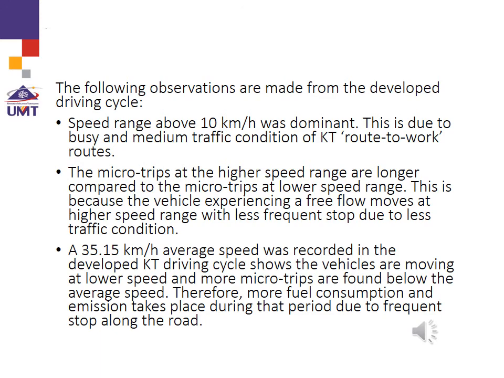A 35.15 km per hour average speed was recorded in the developed KT driving cycle, which shows the vehicles are moving at lower speed and more microtrips are found below the average speed. Therefore, more fuel consumption and emissions take place during that period due to frequent stops along the route.